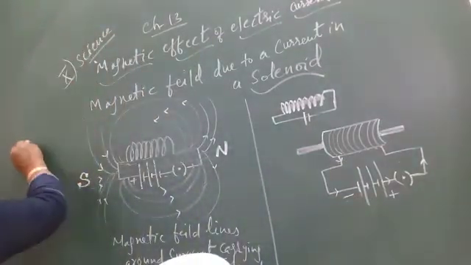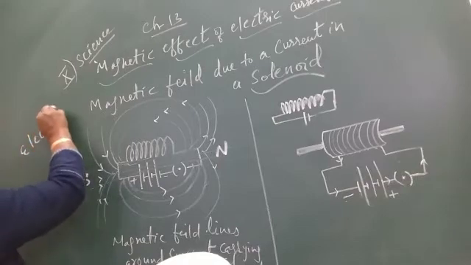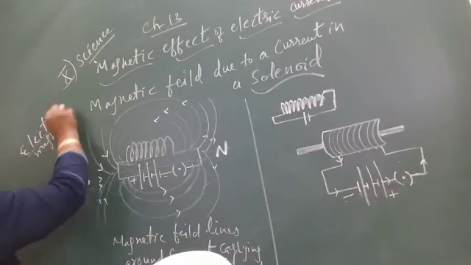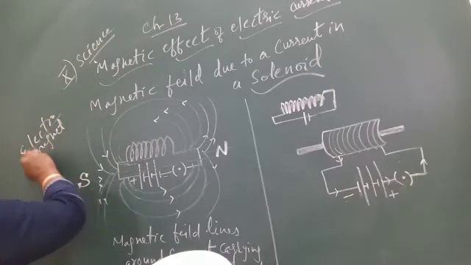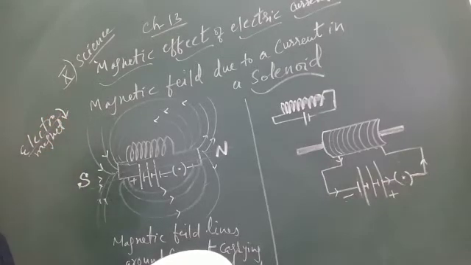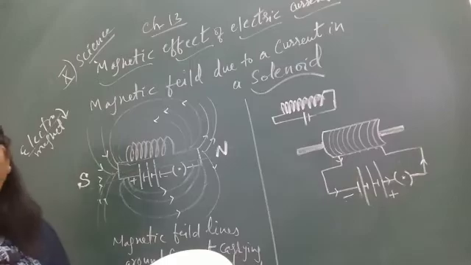Now what is an electromagnet? Actually electro means electricity. When electric current is passed through a wire, it behaves like a magnet, and that is called an electromagnet.